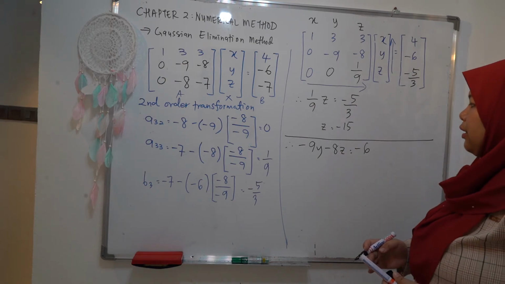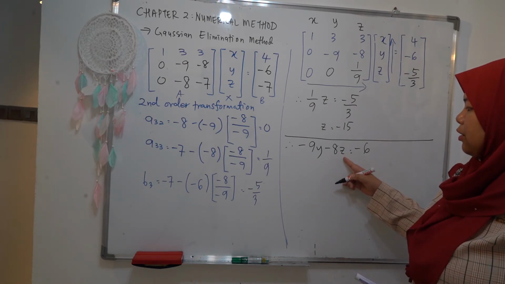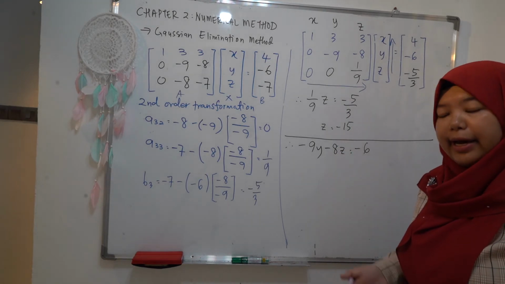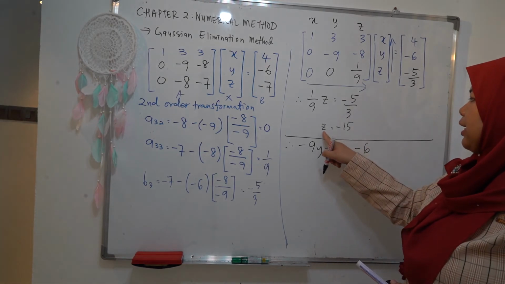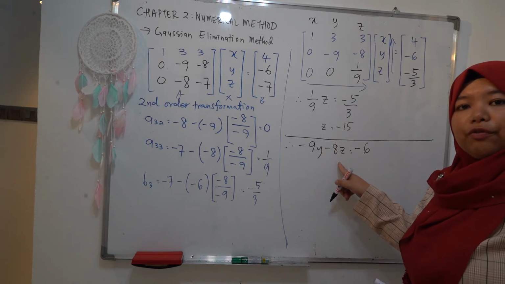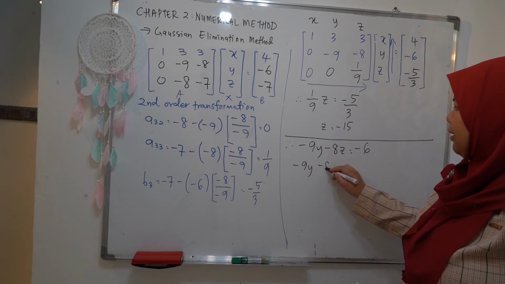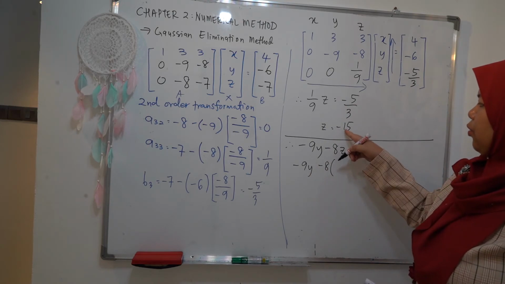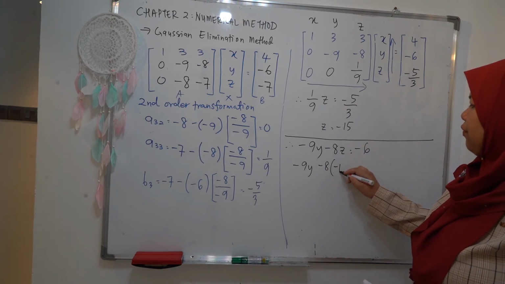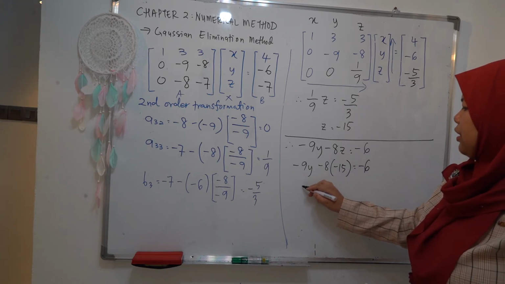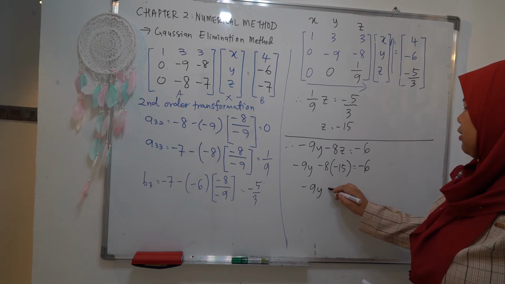Before we calculate, look here. This is the variable z, and we already have the value of z, so you have to substitute first. So -9y minus 8, and then z we substitute with -15, equals -6. So over here is -9y.